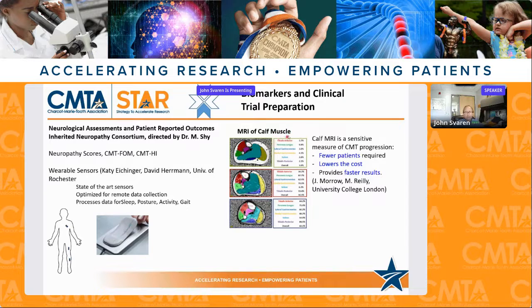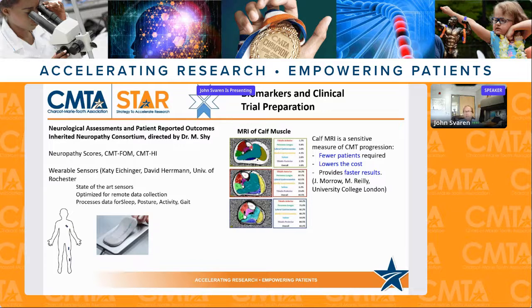And this actually came out of the muscular dystrophy field. This is an MRI, and they've color-coded different parts of the calf muscle. And in muscular dystrophy, you see atrophy of muscles during the course of the disease. And the same thing happens within CMT, although at a somewhat slower rate.